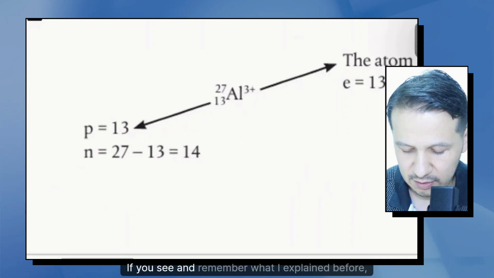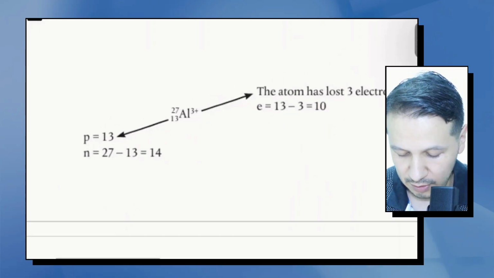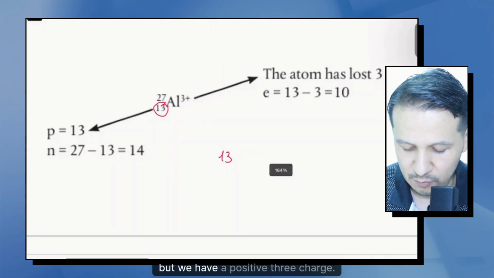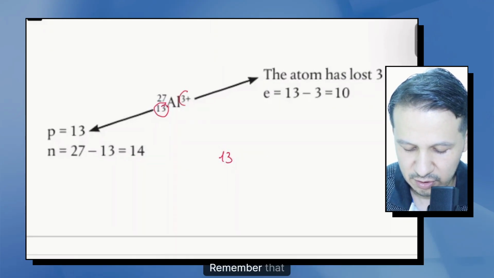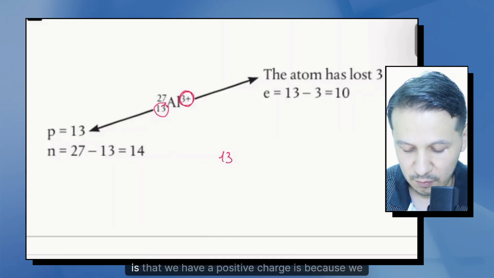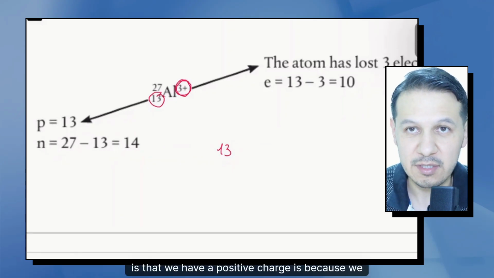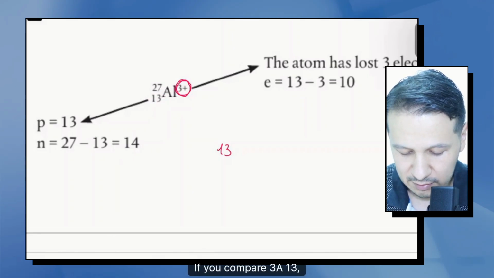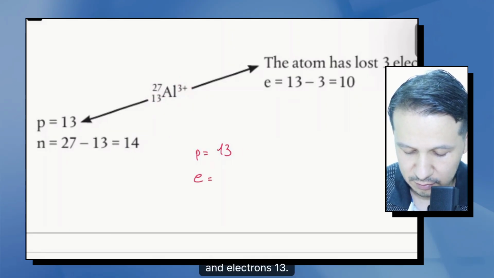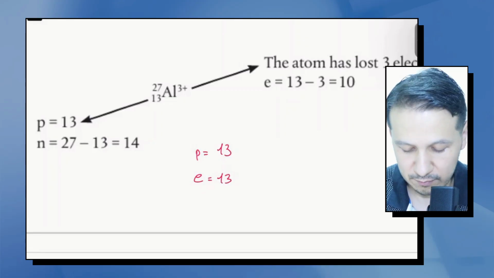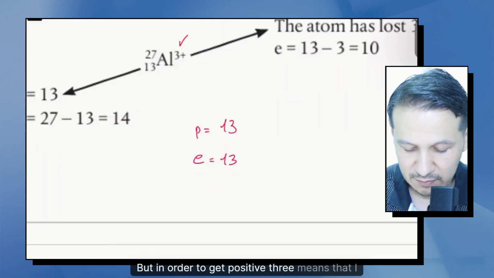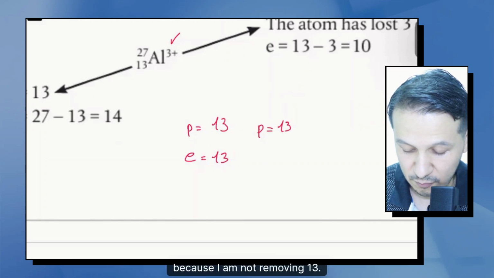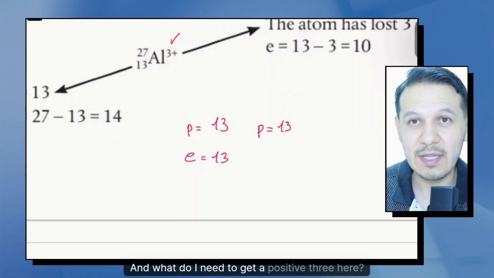Okay? Now, here we can use this example of aluminum. Remember what I explained before: we have aluminum with 13 protons, but we have a positive 3 charge. Remember that we have a positive charge because we have more protons than electrons. If you compare 13 protons and 13 electrons, this is the neutral aluminum atom. But to get positive 3, I am not removing protons.